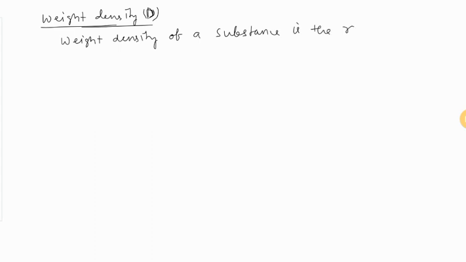Weight density is denoted by capital D. What is a weight density? Weight density of a substance is the ratio of weight of that substance to its volume.